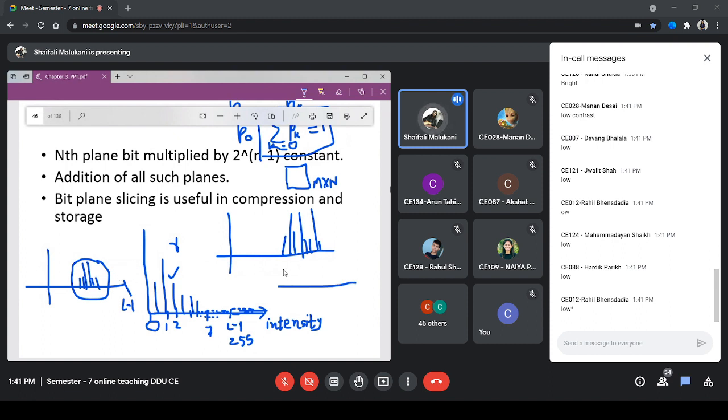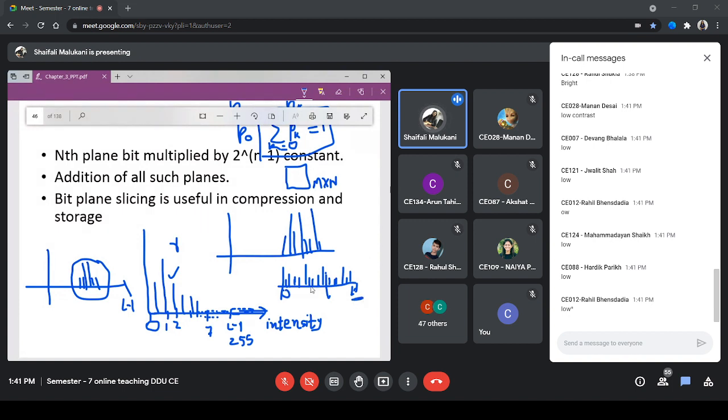One more case. This is L minus 1. This is the histogram. High contrast or low contrast? It is high contrast, from 0 to L minus 1.